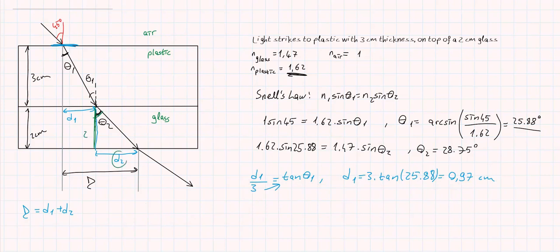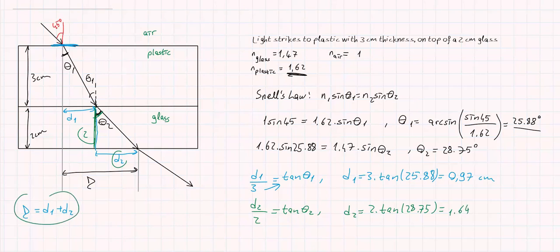D2 over 2 will give me tangent theta 2. So D2 is equal to 2 times tangent 28.75, and it will give me 1.64. Okay, so for D, I need to sum these up, and I will find 2.61 centimeters as D.